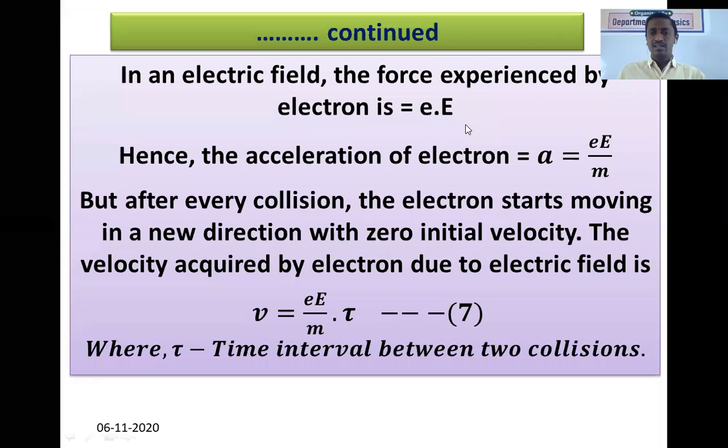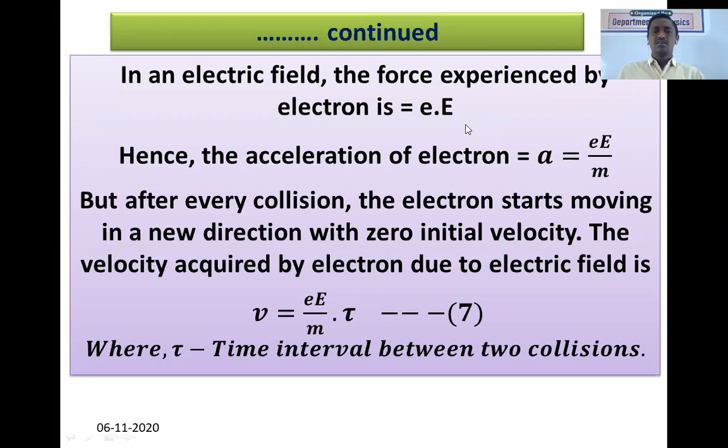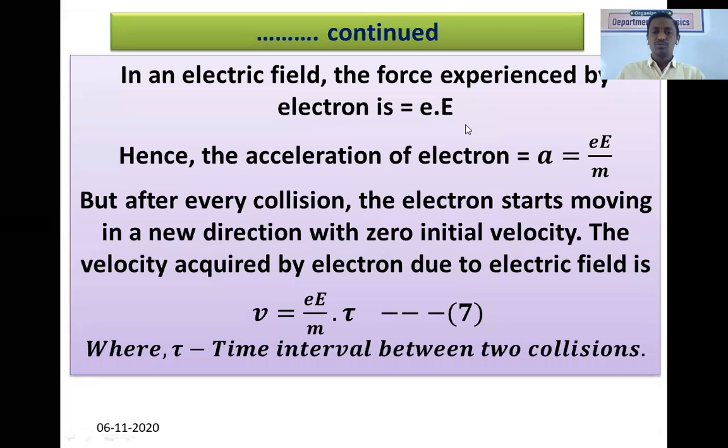So in an electric field, what happens? The electron which causes the current will experience a force. Okay, that means force is experienced by the electron in an electric field, that is called electric force.